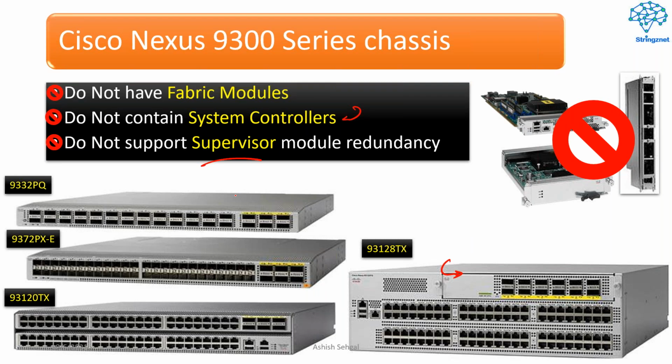Supervisor engine functionality, which is a control plane functionality, is built right on the motherboard, which takes the responsibility of the control plane. So no system controller, no dedicated supervisor engine, and no fabric module. They just have the line cards. All right. This was just a brief discussion about the Nexus 9000 family with the focus on our 9500 and Nexus 9300.